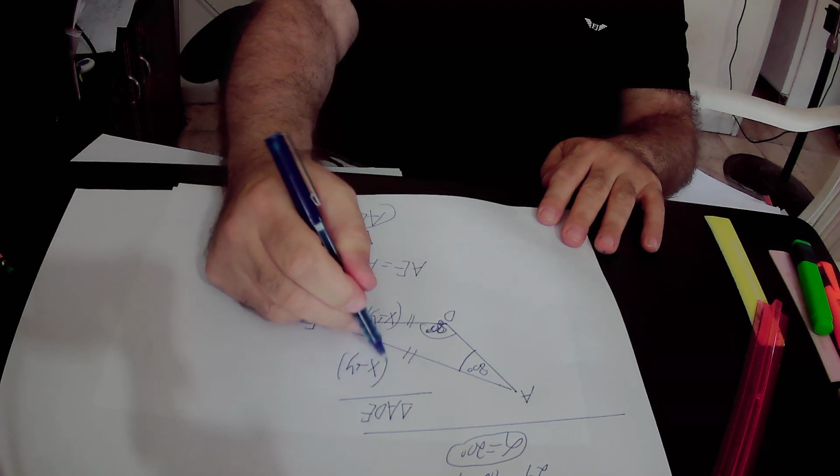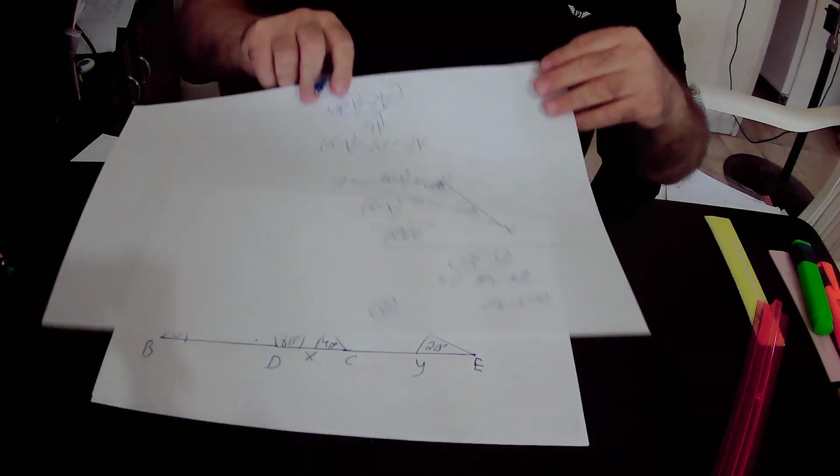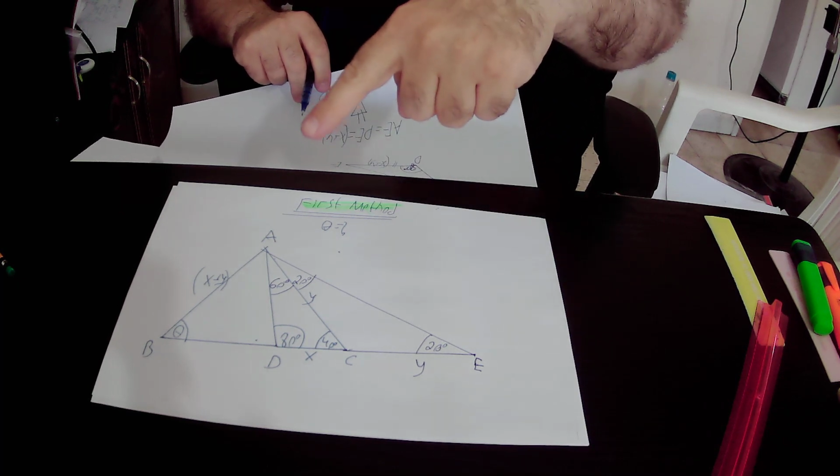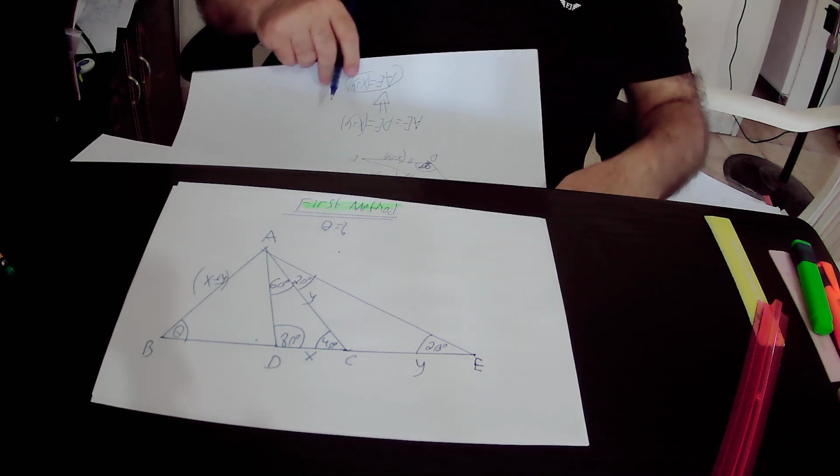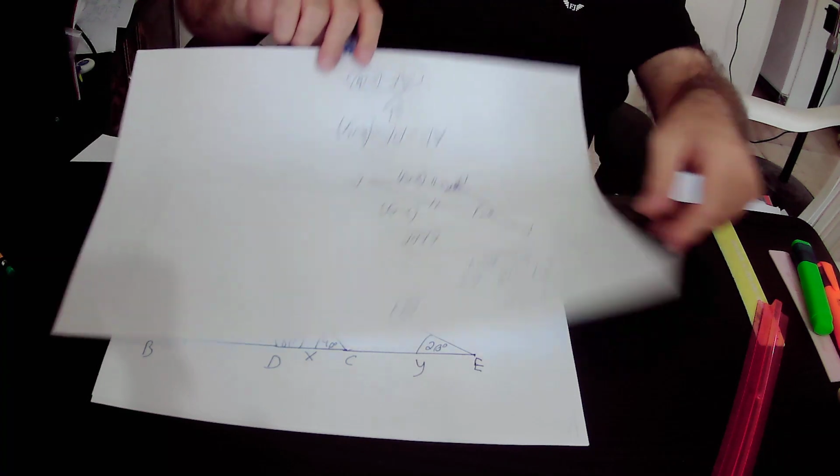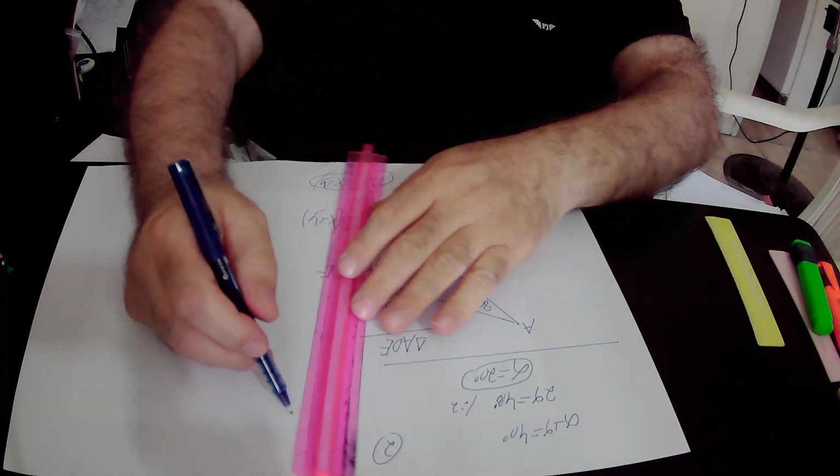In the next step, we will focus on the big triangle ABE. I copied the big triangle ABE in a new page, and we'll analyze it.